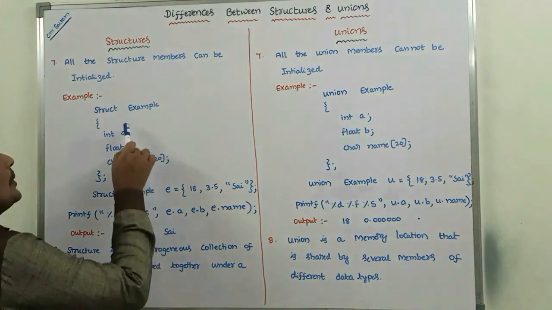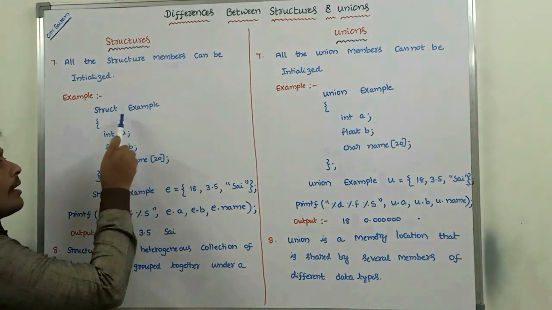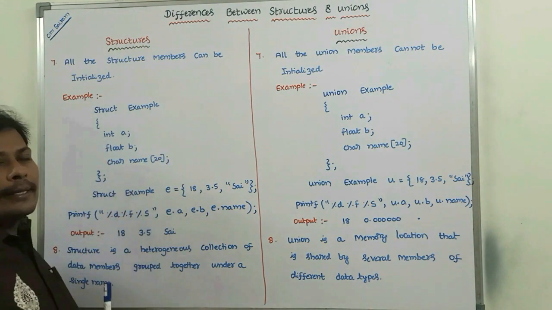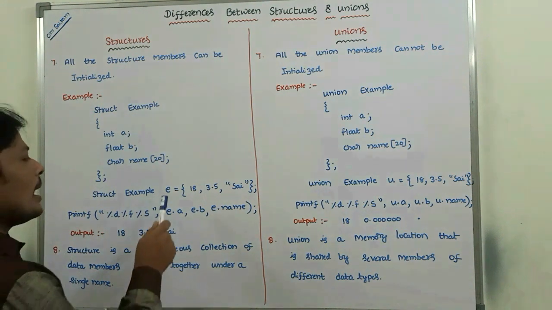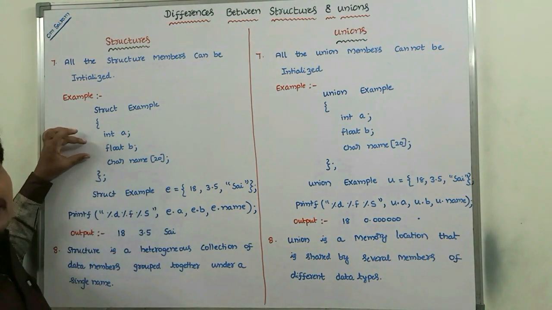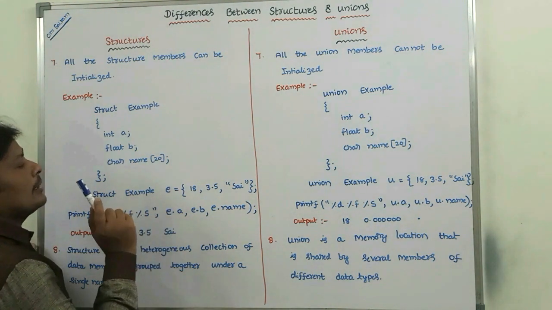These are the heterogeneous data type members. They are grouped together under a single name called example. We are grouping different data type members. Heterogeneous means different data type members.